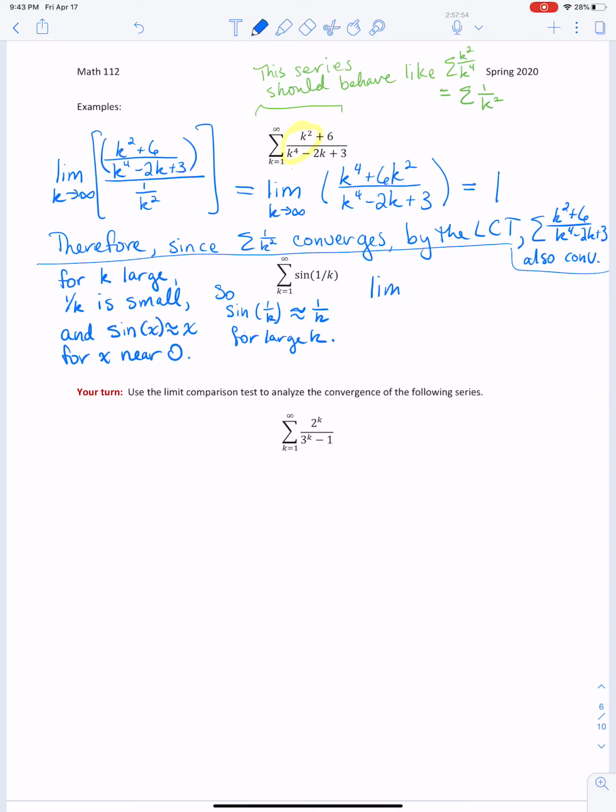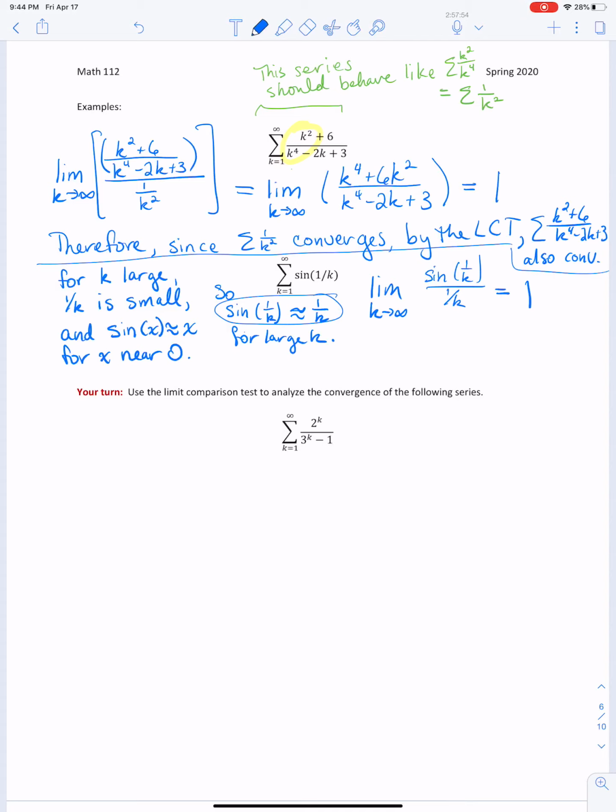The limit as k goes to infinity of sine 1 over k over 1 over k here. And this is just equal to 1 by exactly this observation that we made here.